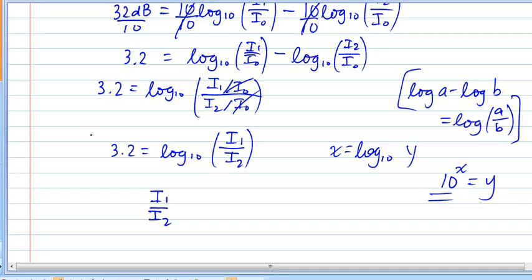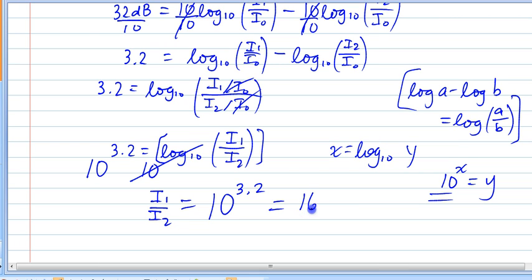So in other words, if I do 10 to the 3.2 and 10 to the log base 10 of all of this, then I can cross all of that out. And the result is basically 10 to the 3.2, and when you calculate this, it turns out to be about 1600-ish. I'm rounding.